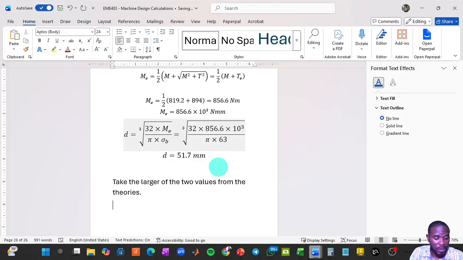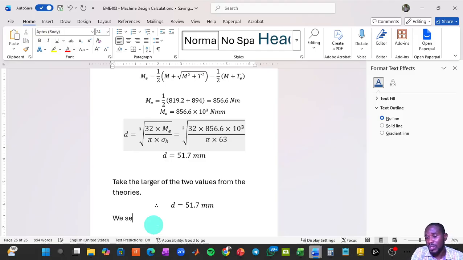Therefore, we adopt D as 51.7 millimeters.